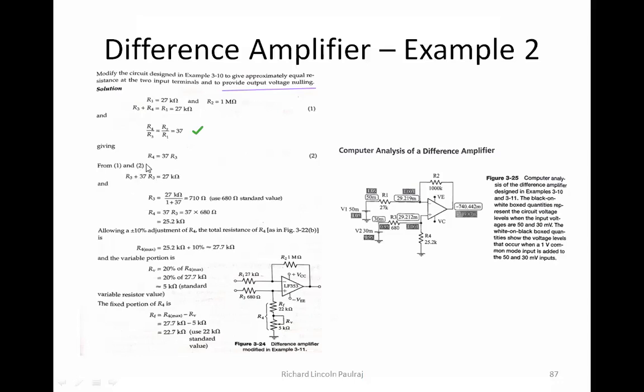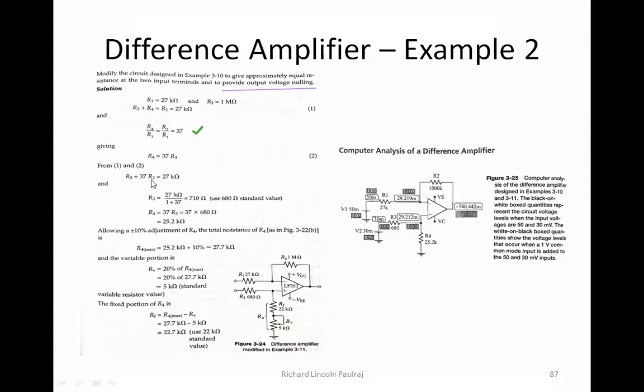Now we will use two equations, the first equation and the second equation. Wherever R4 is there, I'll replace it by 37 times R3. So this becomes R3 plus 37 times R3, which is equal to 27 kilo ohms.